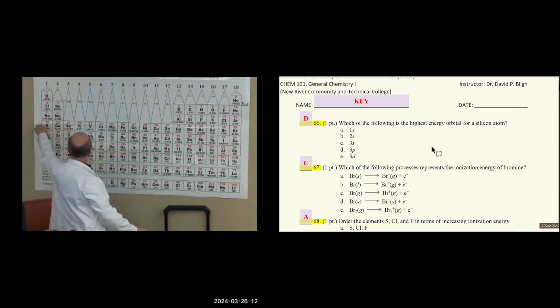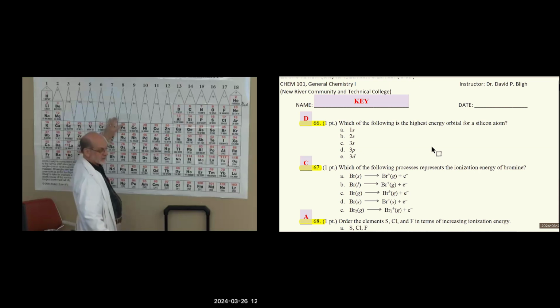You drop down on the 4th period, these drop down to 3d. 3d1, and then 3d2, 3d3, 3d4, 3d5, 3d6. So you don't just count all those up? Well, I'm counting them as I go. That's how I sequence them out.